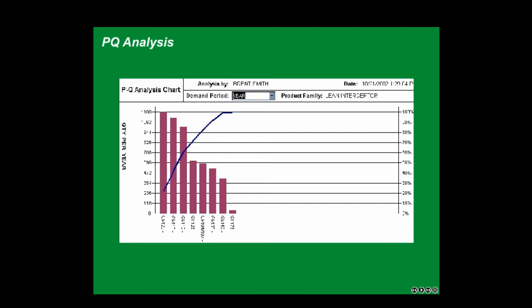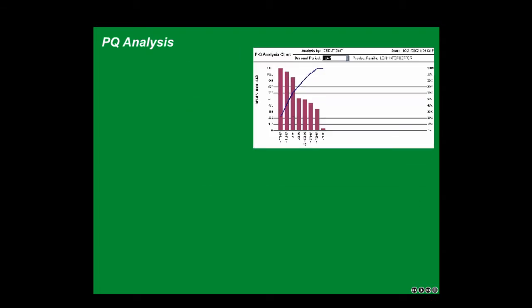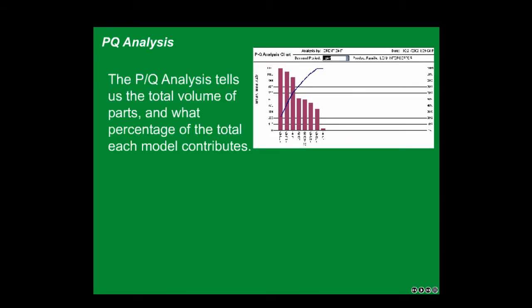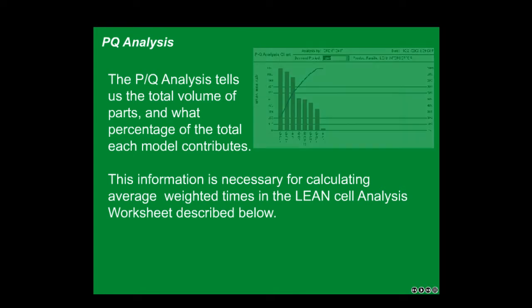However, remember that you may want to do a PQ analysis for shorter periods due to seasonal demand fluctuations in your product. The PQ analysis tells us the total volume of parts and what percentage of the total each model contributes. This information is necessary for calculating average weighted times in the lean cell analysis worksheet described below.